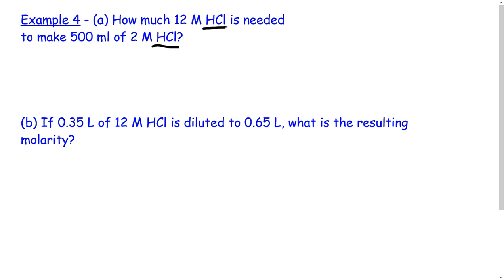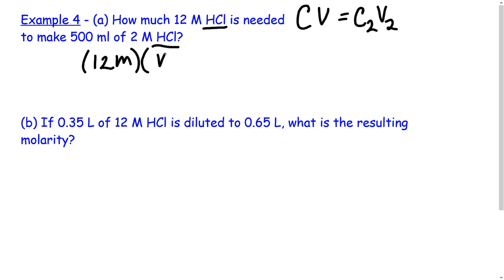So if we think about our equation, concentration times volume equals concentration times volume, we have 12 molar HCl, but we don't know the volume. We're going to set that equal to our second set of conditions, which is given 2 molar HCl, our concentration, times 500 milliliters.